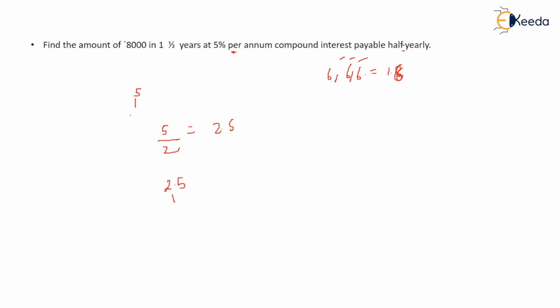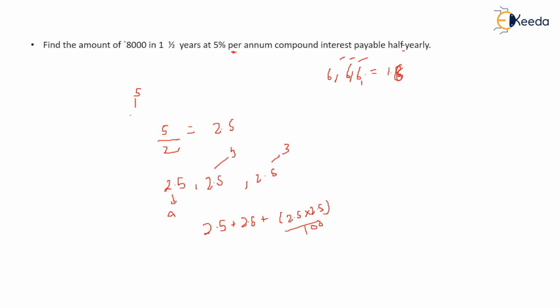2.5 is for the first period, right? 2.5 is for the second, and for the third also we have to find 2.5. Now you have to solve it. 2.5 plus 2.5 plus a times b, that is 2.5 into 2.5 upon 100.